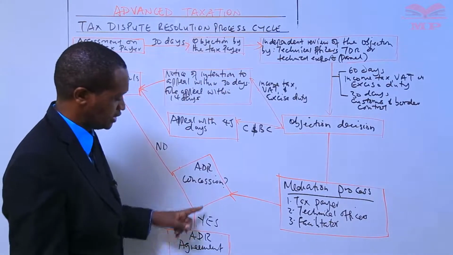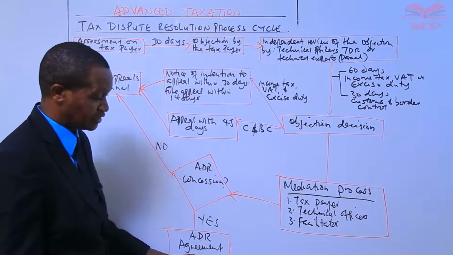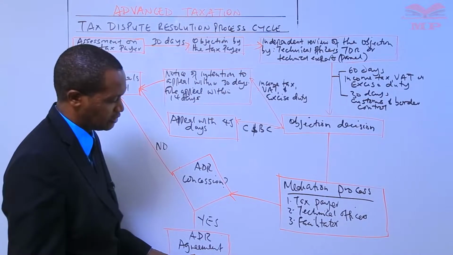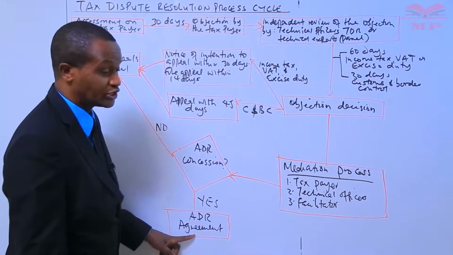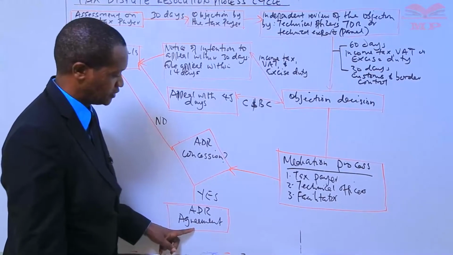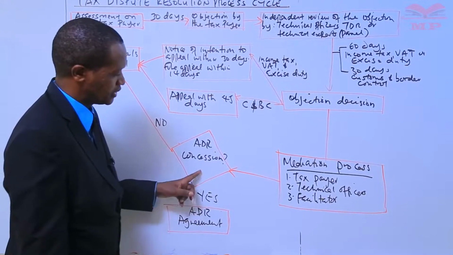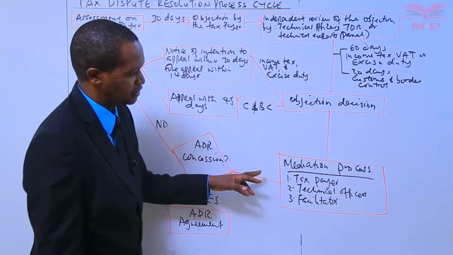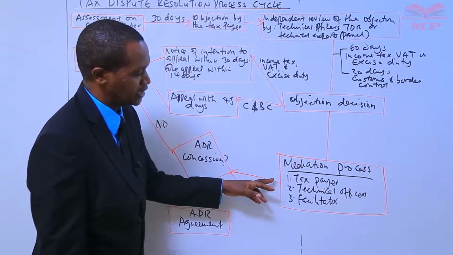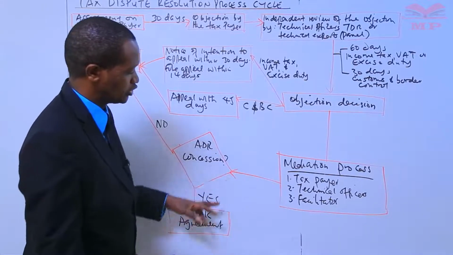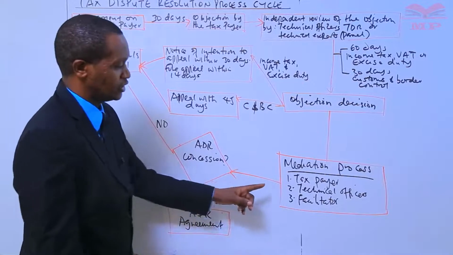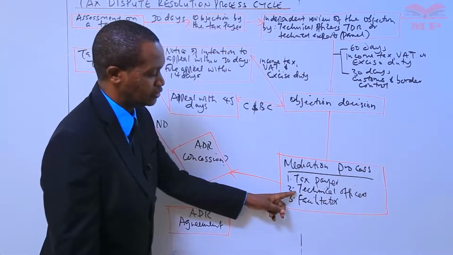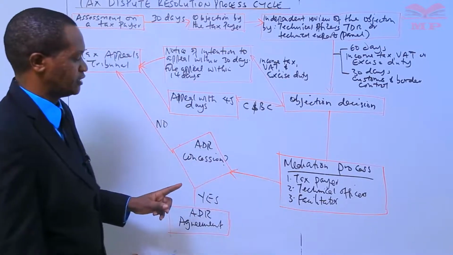If the two agree, then they will have an ADR agreement, which is binding to the commissioner, but not the taxpayer. The decision made at the ADR level is only binding to the commissioner, and not the taxpayer.